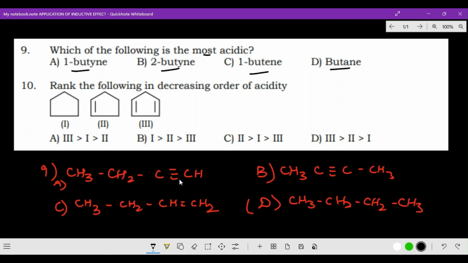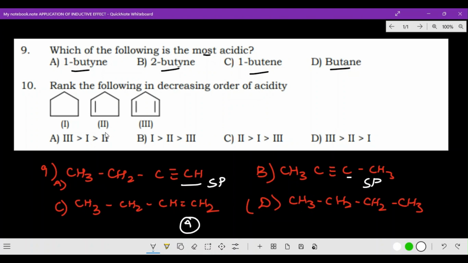Here C triple bond CH, and here also C triple bond CH. Here I bring it in color, CH3CH2C triple bond CH. So here it is the first carbon, here the second carbon. Both are sp, so it is among the first and second, whereas the alkene will naturally come third.